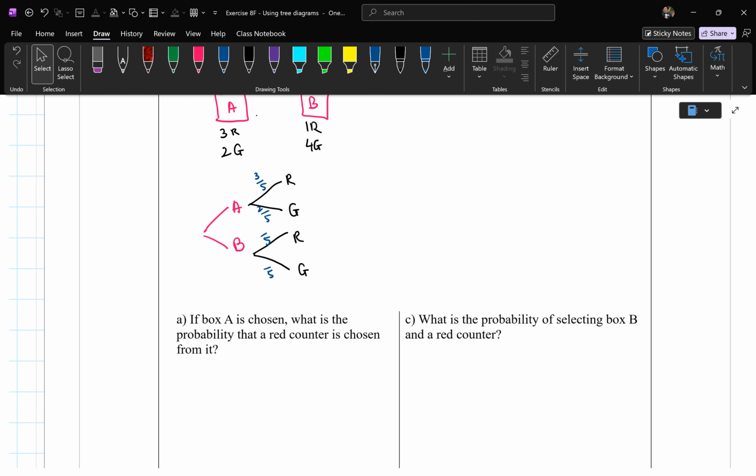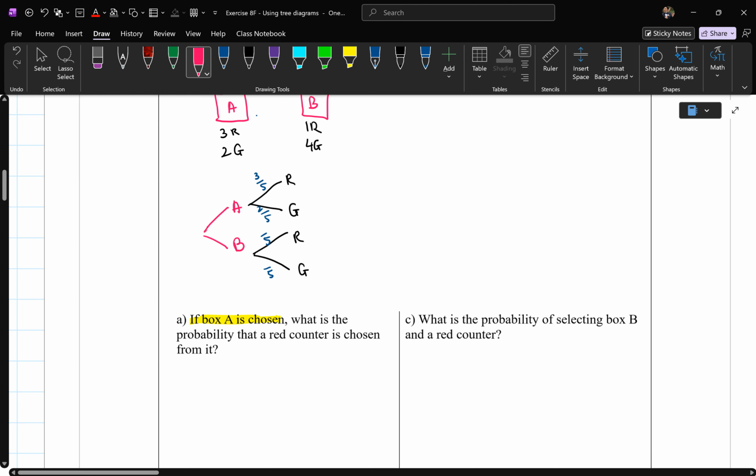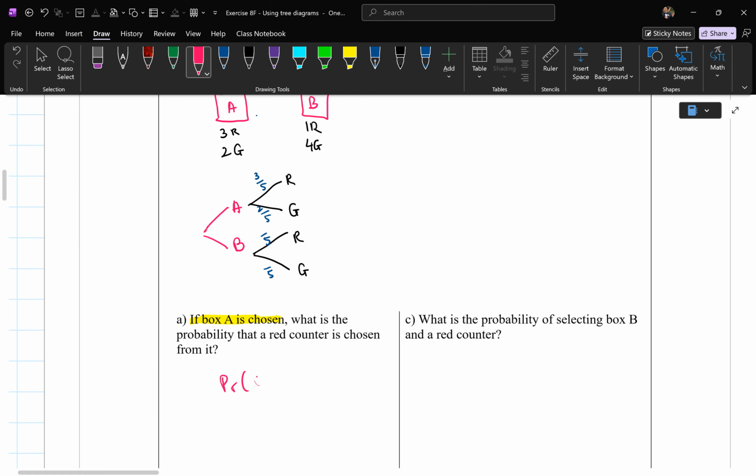In that case, you have to take into account the probability of A. This one is saying if box A is chosen, so that's something we already know has happened. We've got box A already, and within that realm, what is the probability that a red counter is chosen? So technically, this is saying, what is the probability of getting a red counter given that A is chosen?